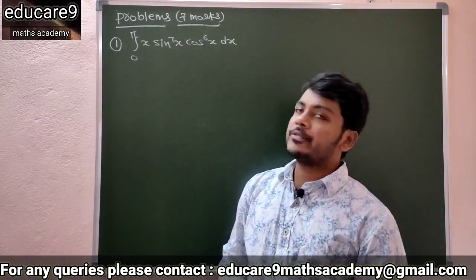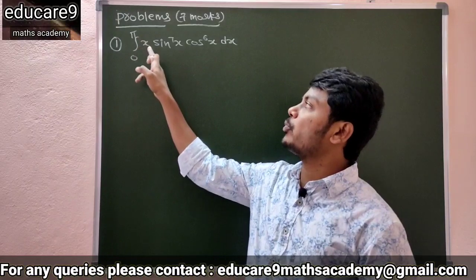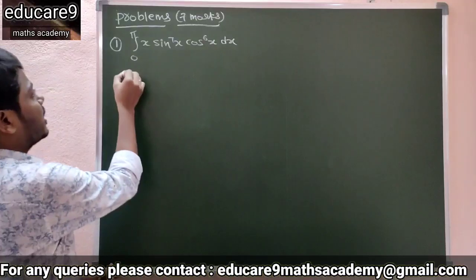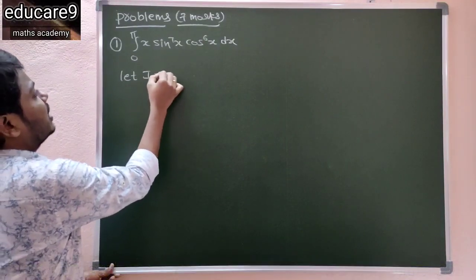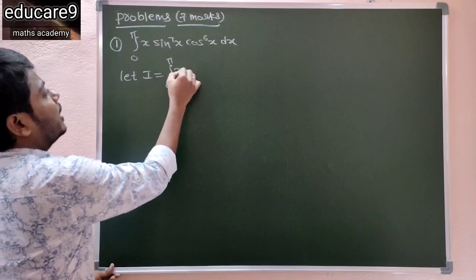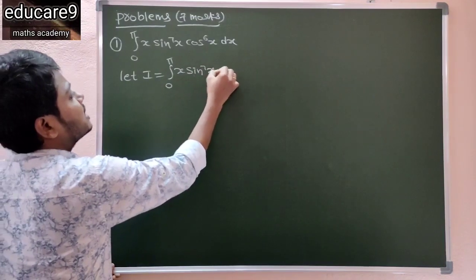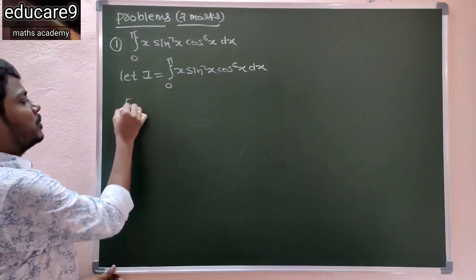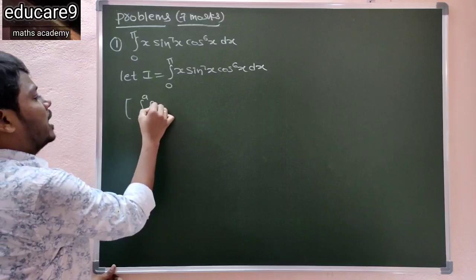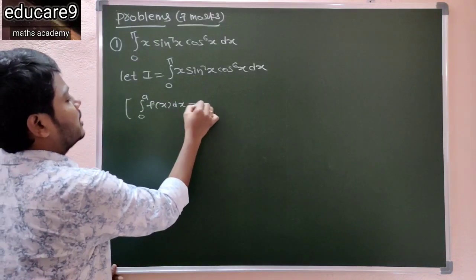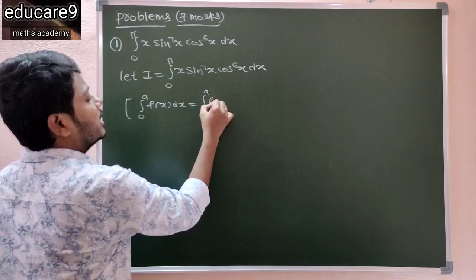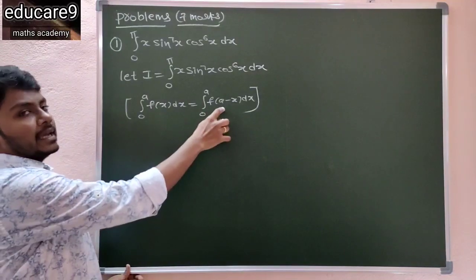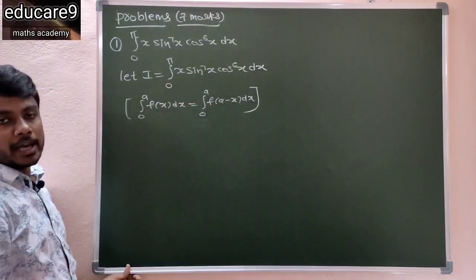Now we will discuss few problems. See the first one, the integral from 0 to pi of x sin^7 x cos^6 x dx. Let I be the given integral, that is the integral from 0 to pi of x sin^7 x cos^6 x dx. Here apply the property, the integral from 0 to a of f(x) dx is written as the integral from 0 to a of f(a minus x) dx. So here replace x by pi minus x.